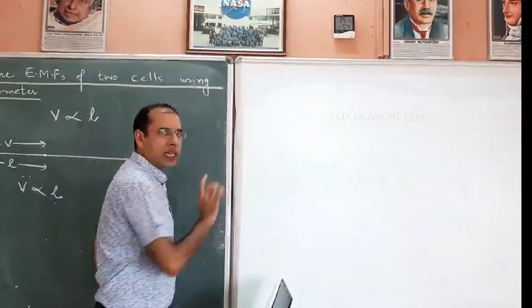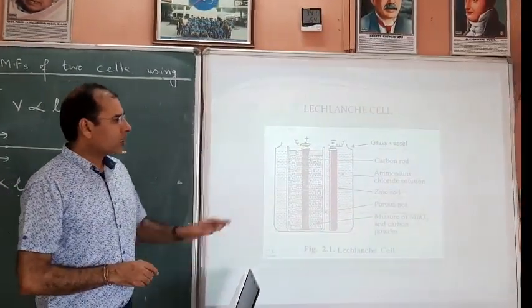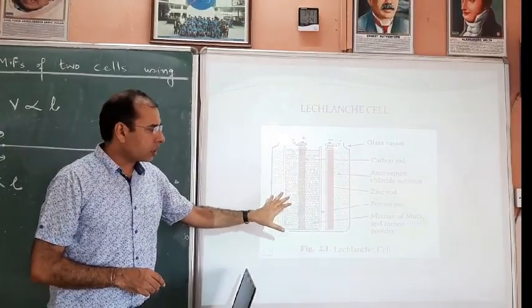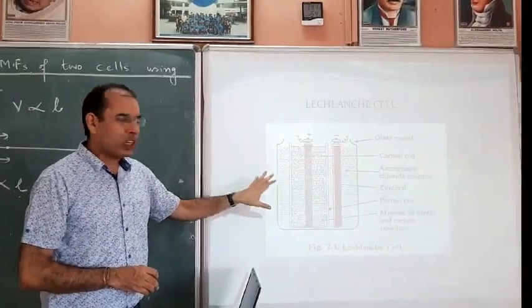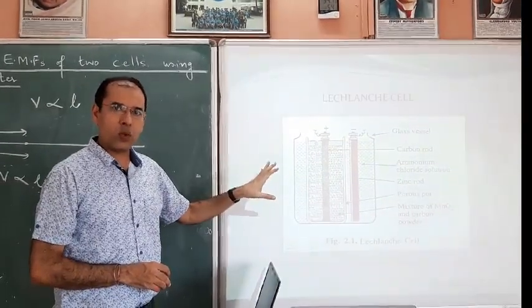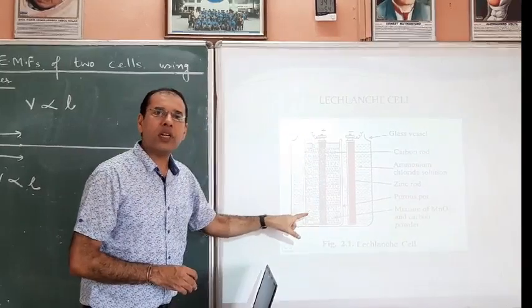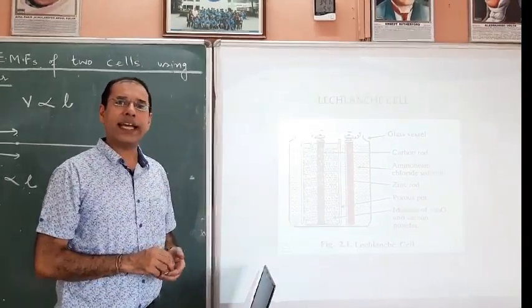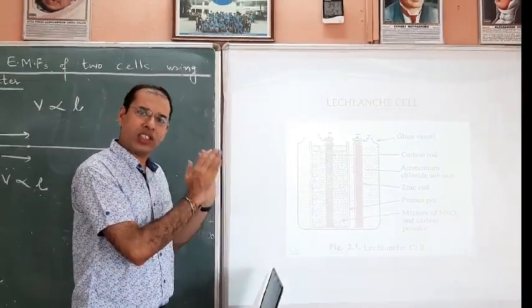So first is the Lagrange cell. Now this is the entire construction of the Lagrange cell. In this cell, we need to focus on two things: which is the positive terminal and which is the negative terminal. You will be provided with this cell freshly prepared.